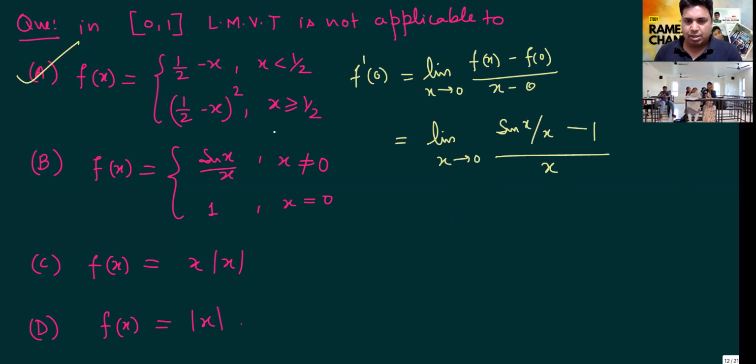Any doubt here, kids? No, sir. Do you remember this first principle? Yes, sir. So we are applying only that. And you can see this is limit x tending to 0, sin x minus x upon x square.